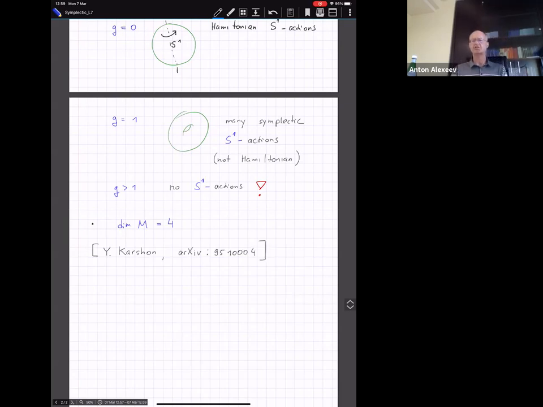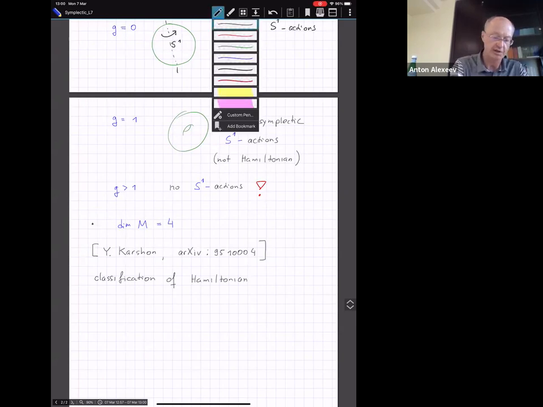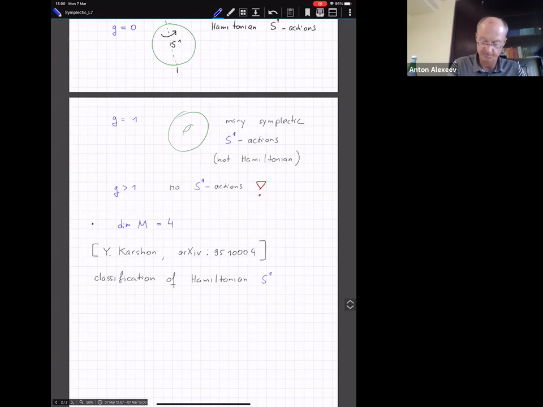And it continues, it builds on the previous research, and it gives some kind of classification of Hamiltonian S1 actions in dimension 4.